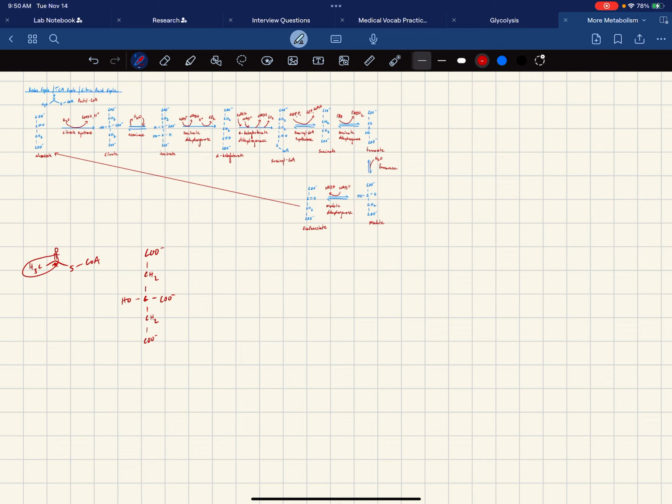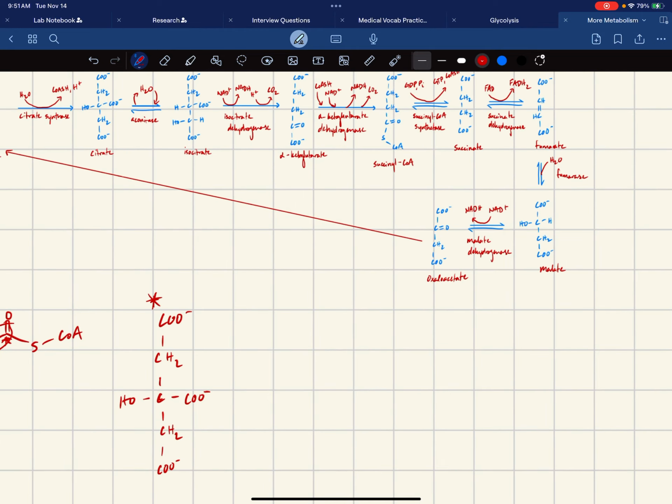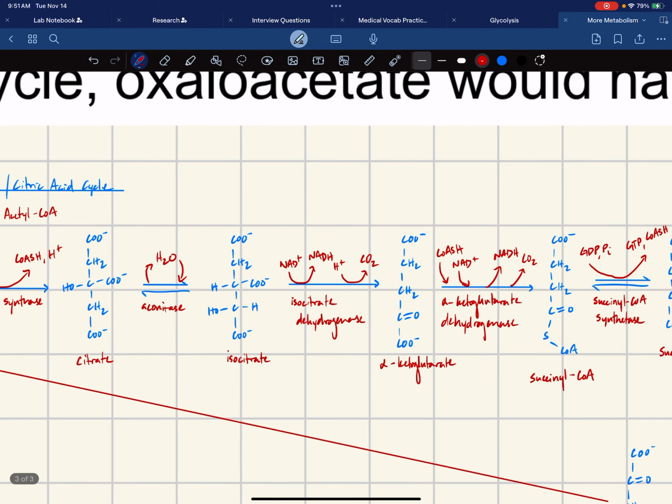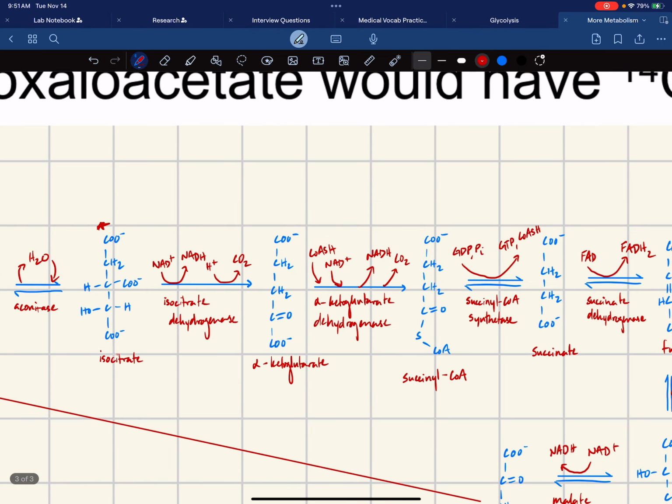This used to be the methyl carbon of acetyl-CoA, and this is the carbonyl carbon of acetyl-CoA, so this is the one that's labeled in citrate. If we're looking at citrate here, I'm labeling this one, so this is labeled as well. I lost a CO2 here, but it's not this one, it's this one. So I don't really have to care what that CO2 does right now, but this one is still labeled for the time being.